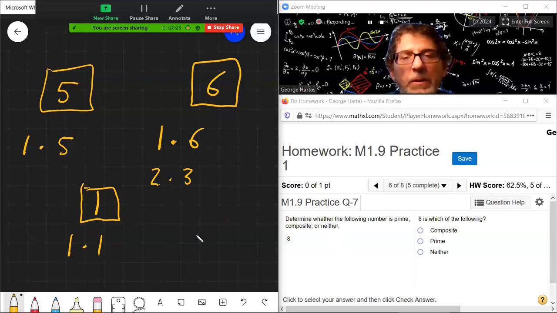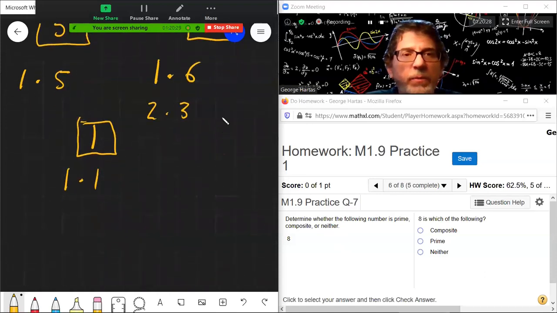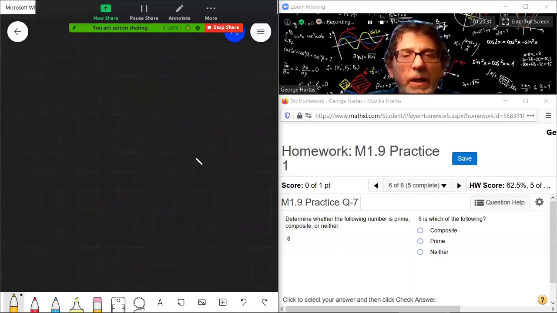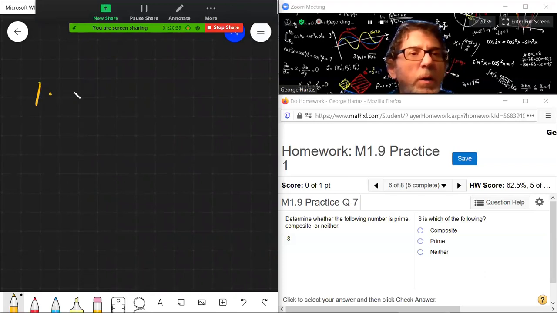All right, so let's look at the problem here. And let's see if we can figure out, is 8 prime or composite? Well, let's write all the factors. Let's see if we can figure it out real quick. 1 times 8 is 8. 2 times 4 is 8. And that's it. What do you think?